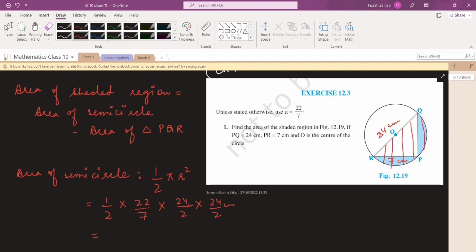So this is 2 into 1 and then 2 into 11, right? Then 2 into 1, 2 into 12, then 2 into 1, 2 into 12. So basically now you have 11 multiplied by 12 multiplied by 12 and then divided by 7, right?